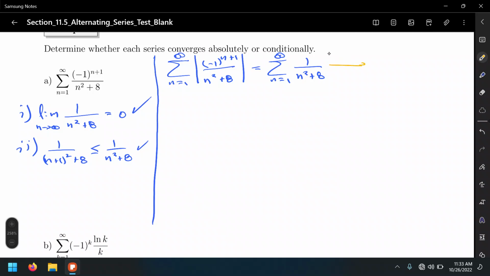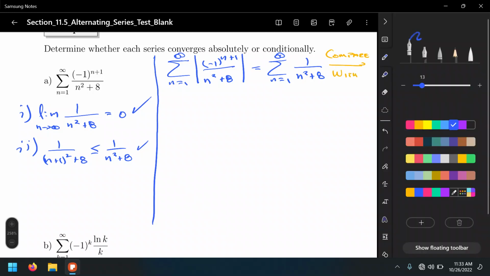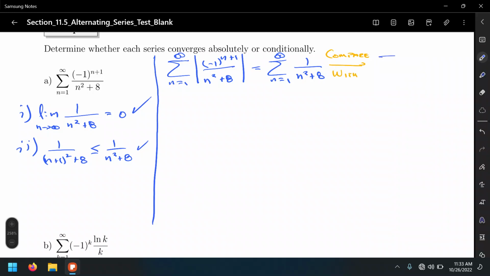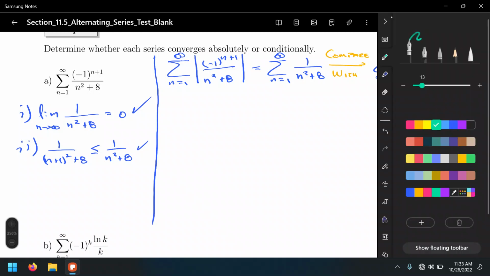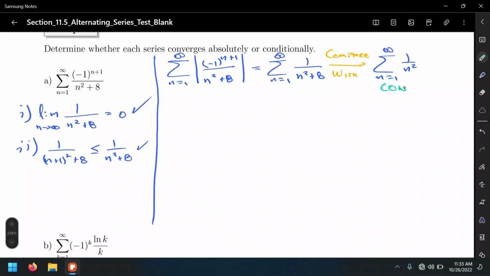So compare with, neglecting the 8, sigma n equals 1 to infinity of 1 over n squared. What do we know about this series? Is it a convergent or divergent p-series? It's a convergent p-series, right?